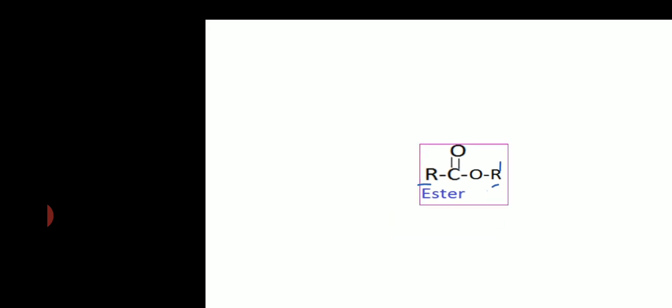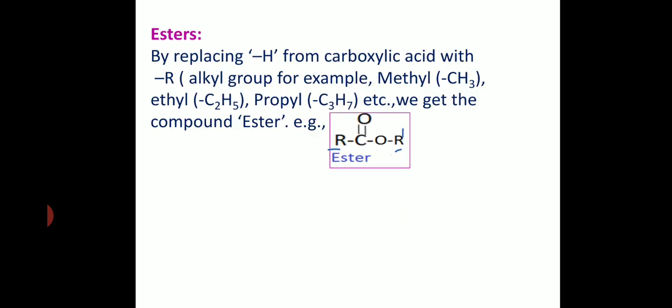If we see RCOOR', we can imagine where this is coming from. That is, by replacing H from carboxylic acids with R. In previous cases, we wrote replacing OH from carboxylic acids, but here we are replacing H from carboxylic acids with an alkyl group R. We get the compound ester, where the alkyl groups are methyl CH3, ethyl C2H5, propyl C3H7, etc. Okay, this is ester.